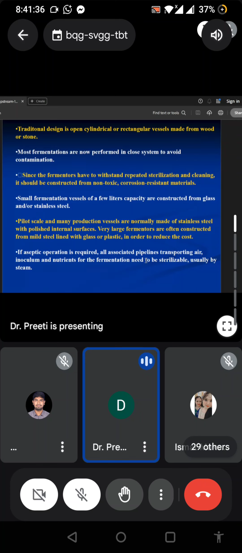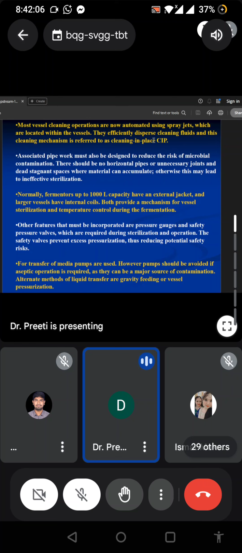Other type of sterilization methods that you will use, like gas, ethylene oxide, or radiation, they will also damage protein molecules. So if you use this type of fermenter, pipelines, etc., through which air is going inside, inoculum you are adding, nutrients you are adding, all of them should be sterilizable.